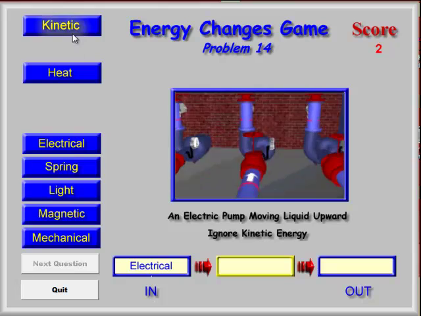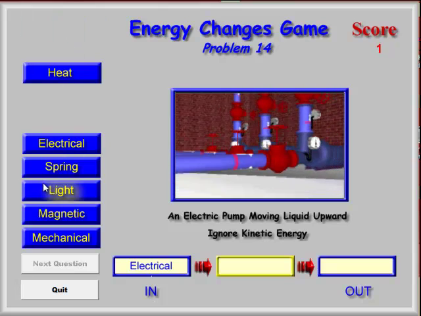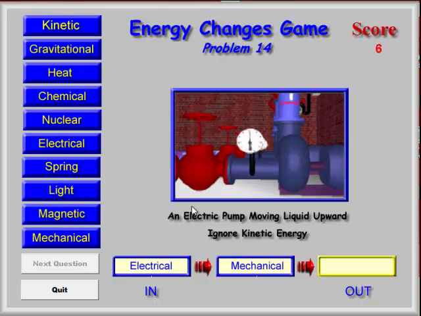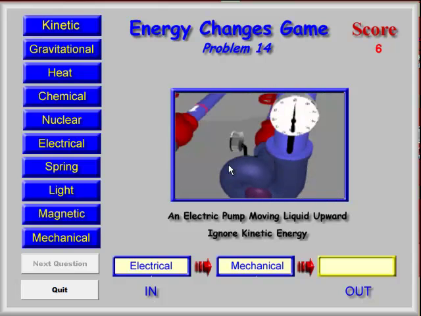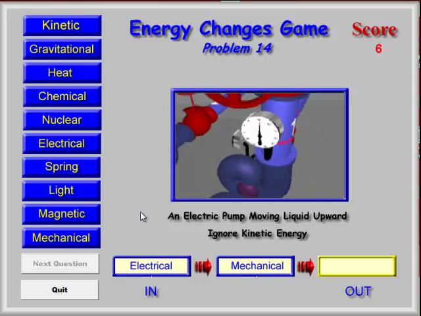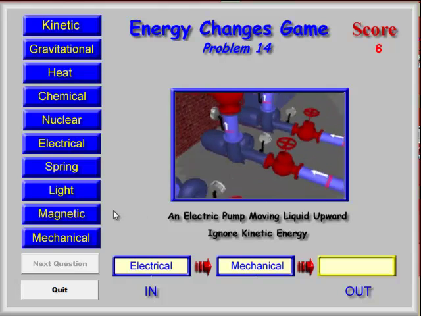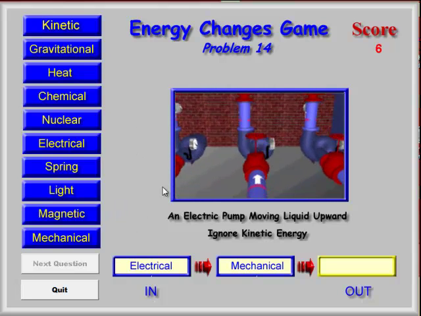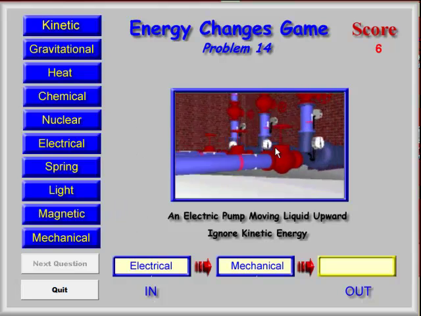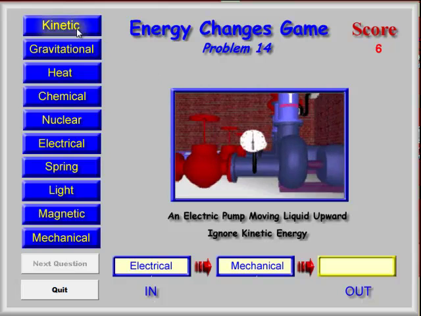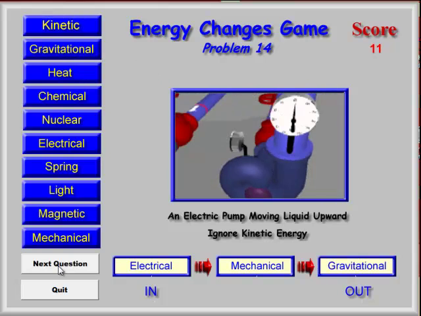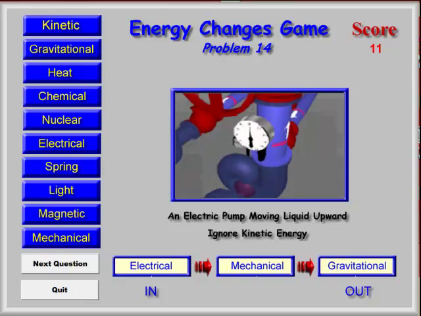You must have goofed up somewhere. Oh, I'm a failure. Very good. The electricity turns the pump rotor, which means that it's giving the pump mechanical energy, and then it pumps the water up, which is, let's see, yes, gravitational potential energy.